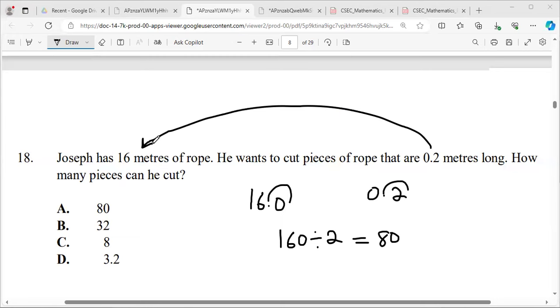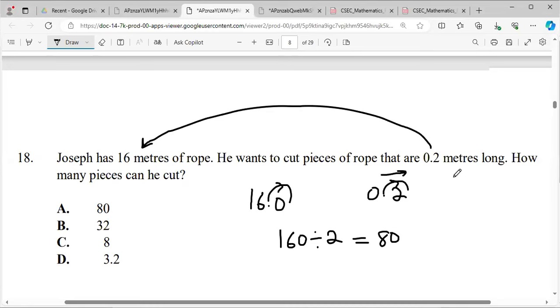Sir, I don't understand how at first he went backwards for the 0.2 and then for the 16 meters, it looks like he went forward. He went backwards for the 0.2 because he had to move the decimal point so it could just be 2, so it could be easier. And then he went forward for the 16.